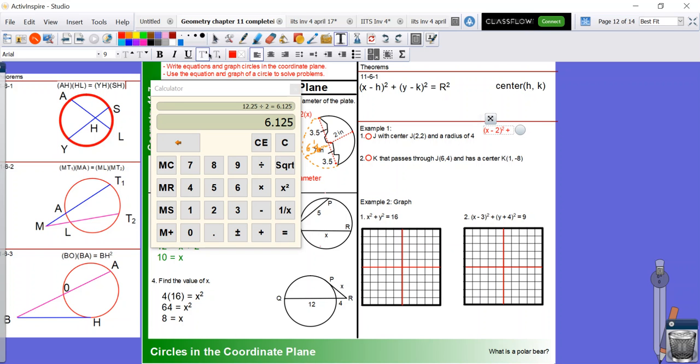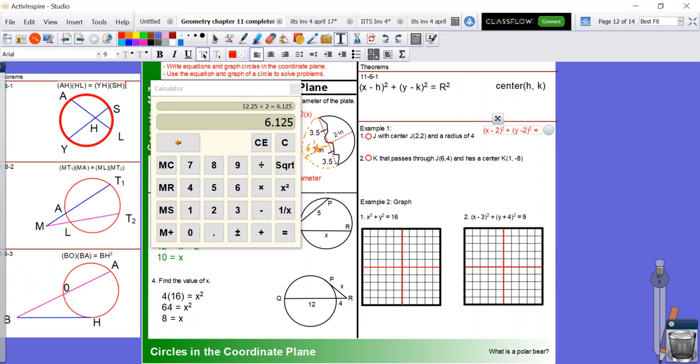And we're going to add that to y. Again, we have the minus 2, and that will also be squared. And that has to equal the radius squared, and the radius is 4.